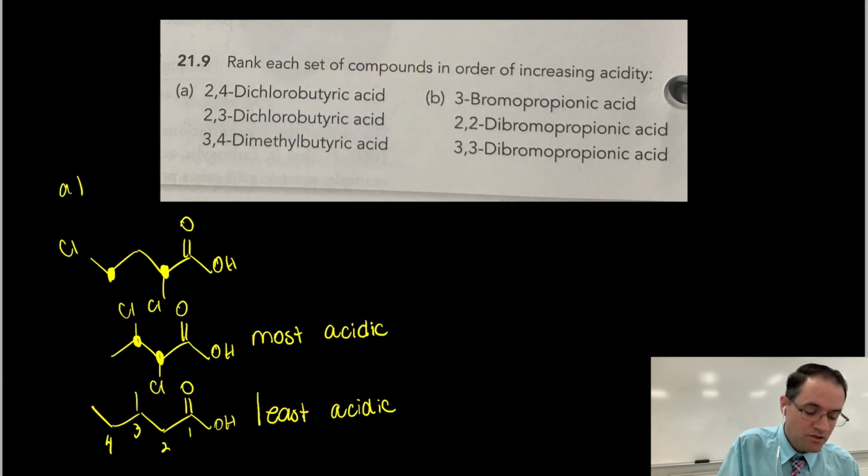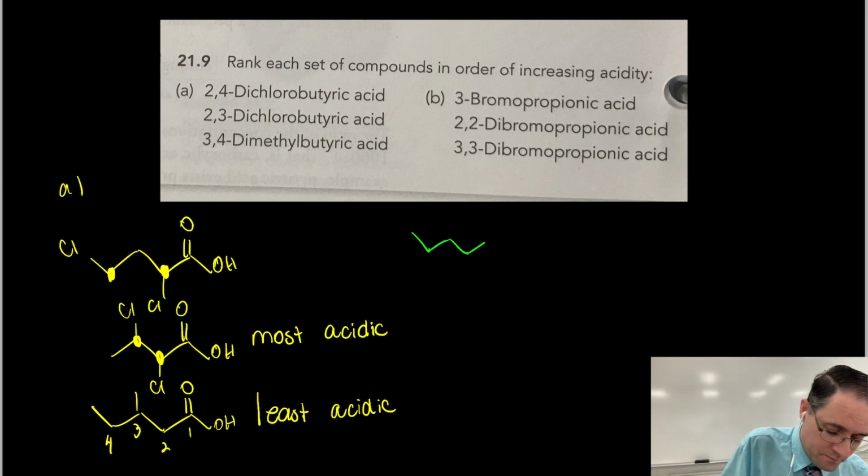In part B, let's draw these structures here. We have propionic acid, which is 5 carbons. So 1, 2, 3. 3 is going to be a bromine group. 2,2-dipropanoic acid.